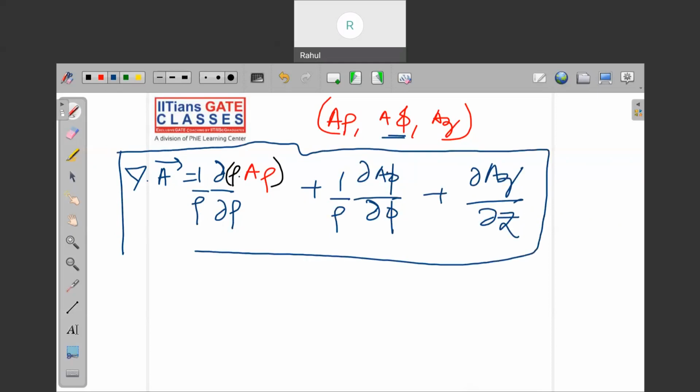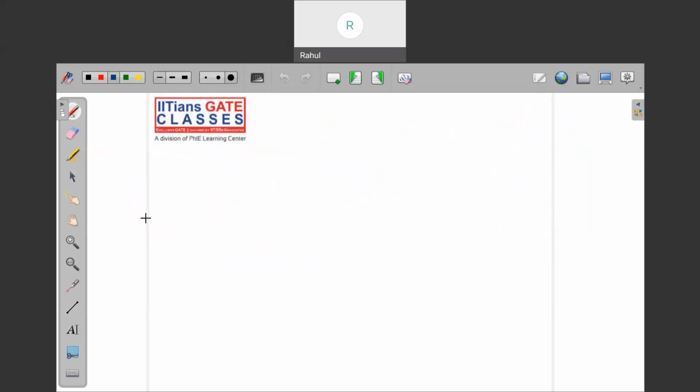If you go into the detail, there are various concepts, given in fact in Hayat. But for the time being you only need to know this expression, so don't get into how these expressions come about. In our classroom program we discuss all those things as well. For the GATE examination, for HAL this is enough.